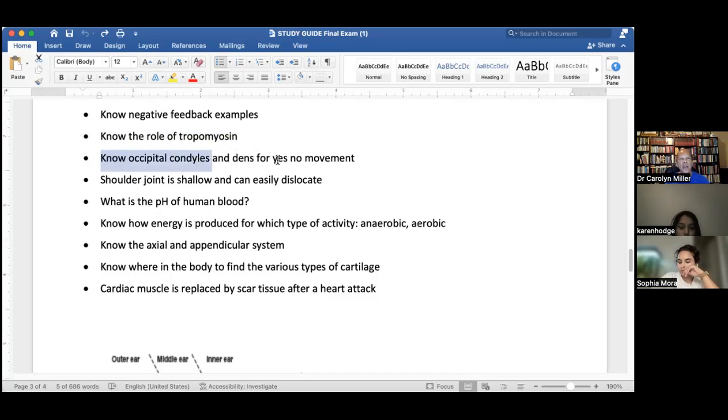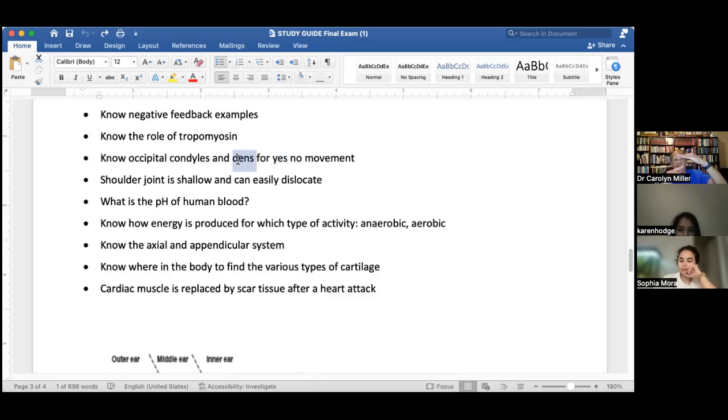The occipital condyles, yes movement: the atlas C1, cervical vertebra number 1, will sit on those occipital condyles, right on the occipital bone, to allow you to rock your head for the yes movement. For the no movement, it's the dens on C2, which is the axis, and that forms the atlantoaxial joint.